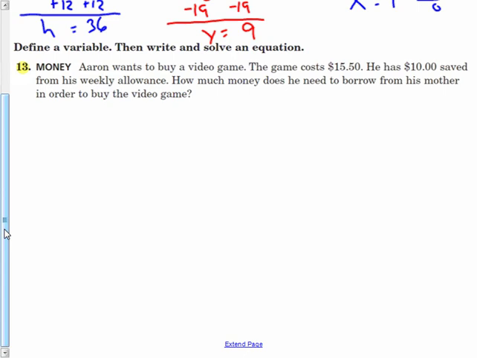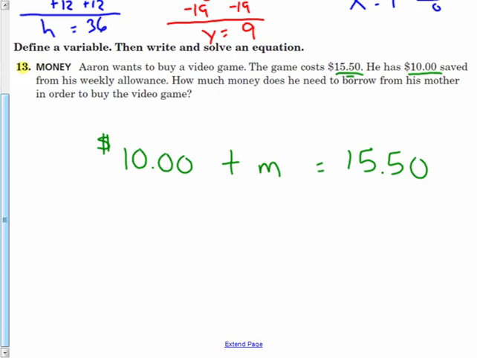So what does our equation look like? Well, we know that he's starting with $10, so we're going to call that our starting amount. We also know that he needs to get to $15.50 in order to be able to purchase the game. So we need a total of $15.50. As you can see, he doesn't have enough money, so he needs to add some more money.